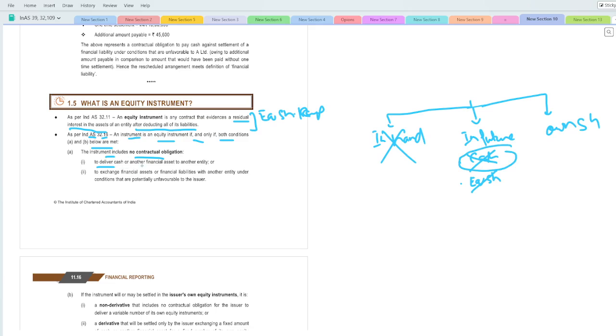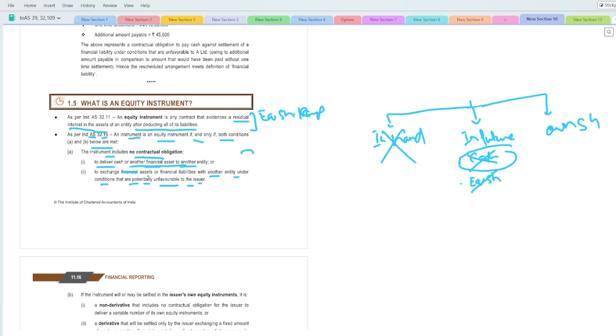Or to deliver another financial asset to another entity, or to exchange financial assets or liabilities with another entity under conditions that are potentially unfavorable to the issuer. Where there is no contractual obligation.